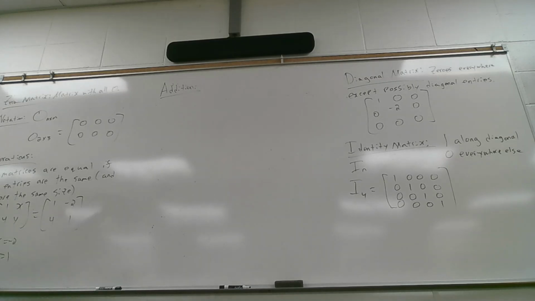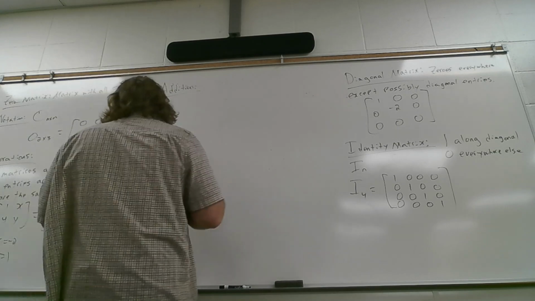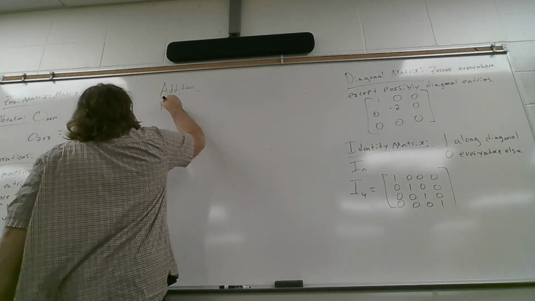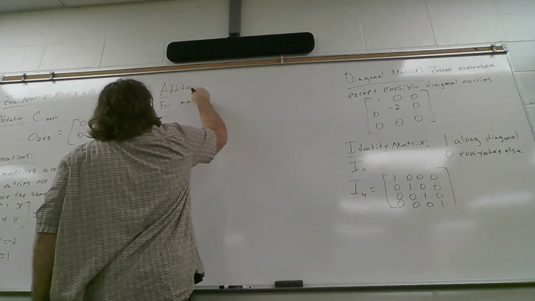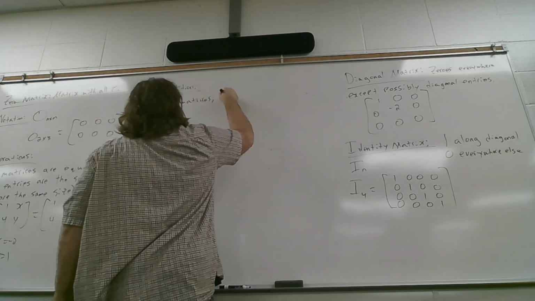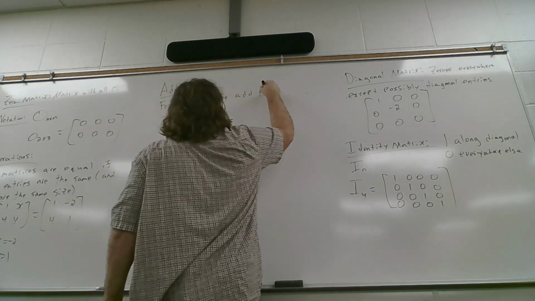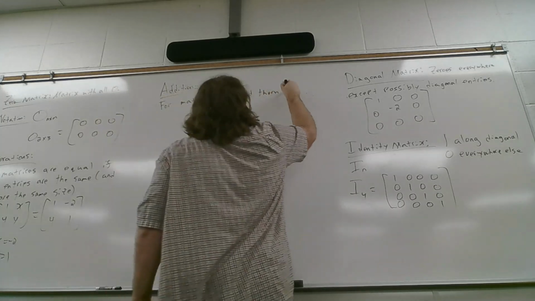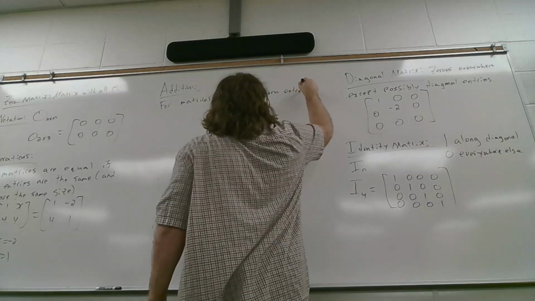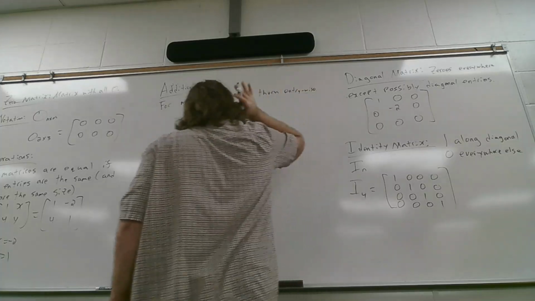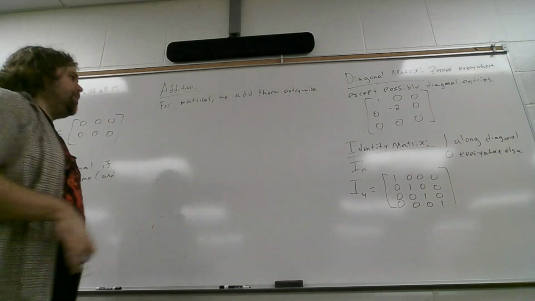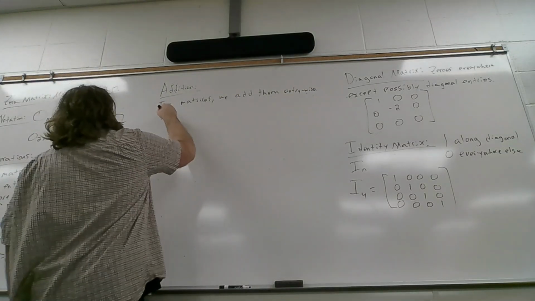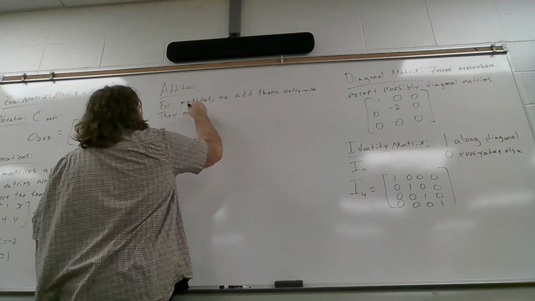Just go down the list and just add them up. Same thing for matrices. For matrices, we add them entry-wise. So just go down the list. As a remark, of course, they must be the same size.